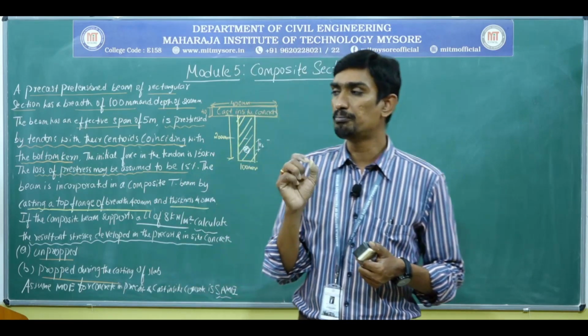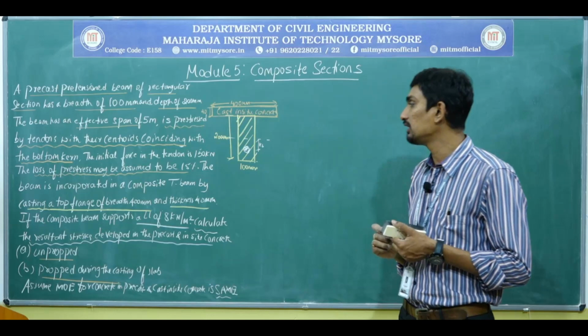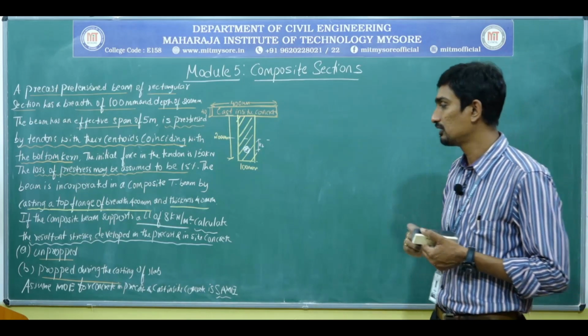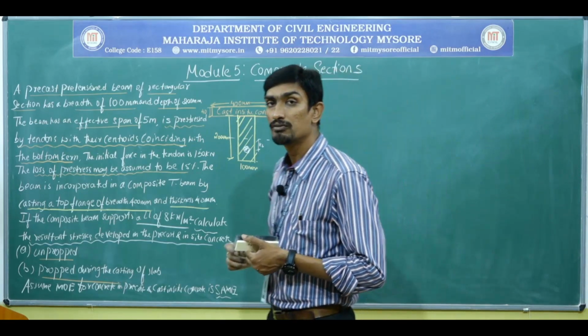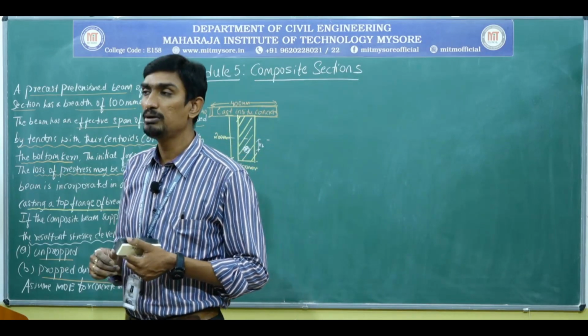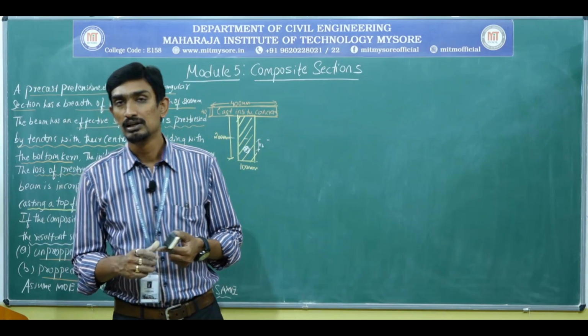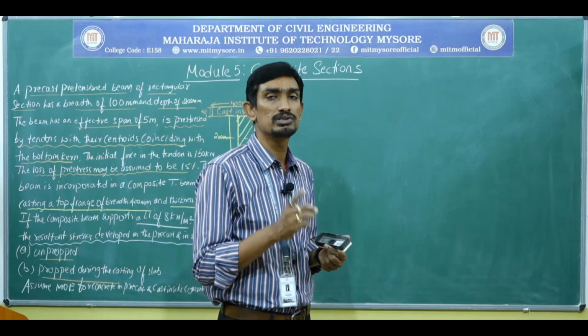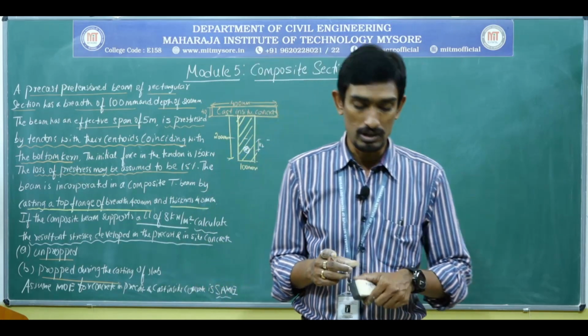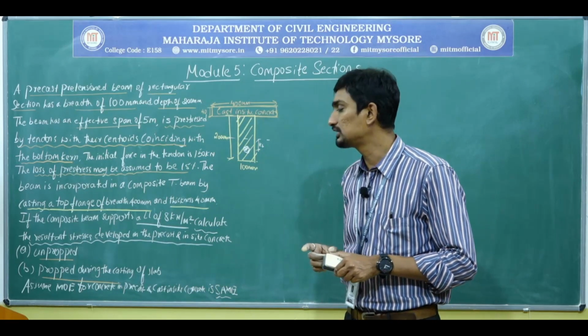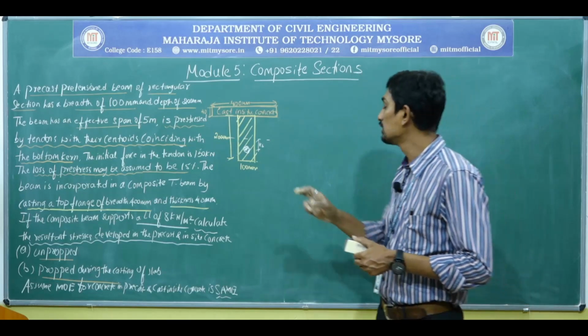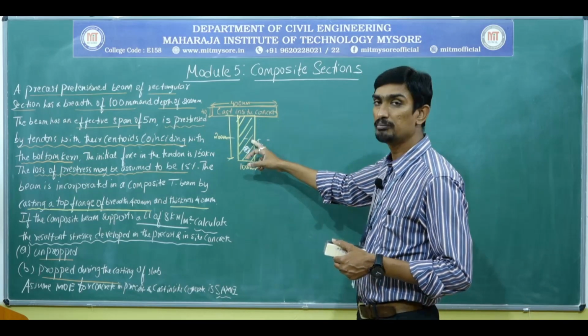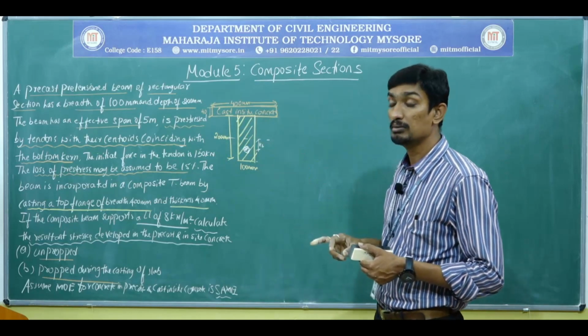Now, a very important thing you need to observe here is the modulus of elasticity, because, as I have clearly highlighted, the behavior of the composite section will vary based on the precast pre-tension beam and the cast in situ concrete slab.